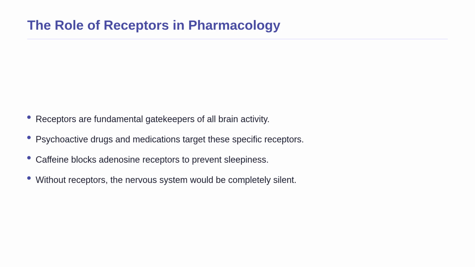In the real world, almost all psychoactive drugs, neurotoxins, and psychiatric medications work by targeting these exact structures. For example, caffeine keeps you awake by physically blocking the receptors for adenosine, a chemical that normally makes you feel sleepy. If we did not have these receptors, our nervous system would be completely silent, and life as we know it would be biologically impossible.